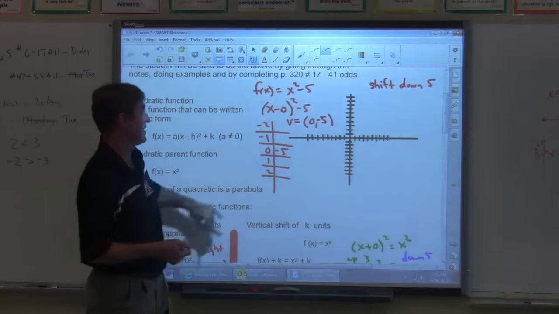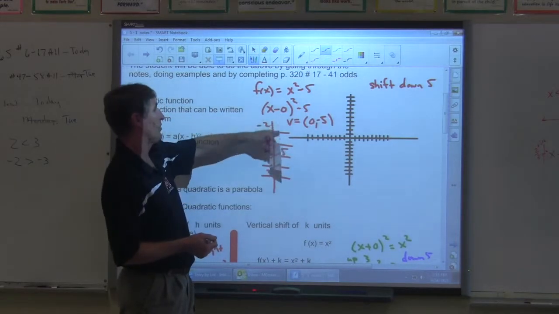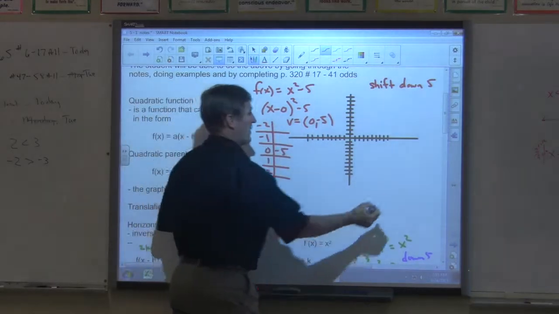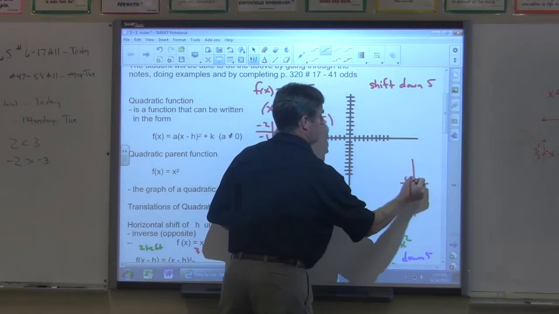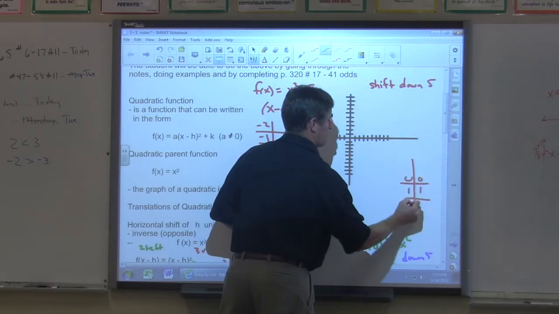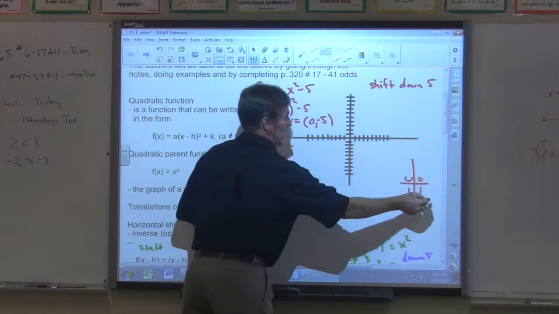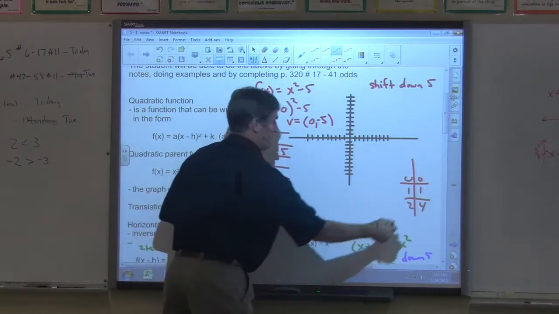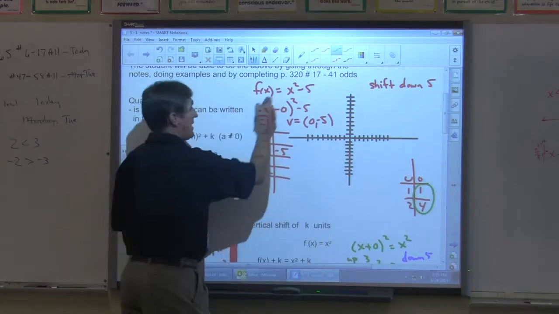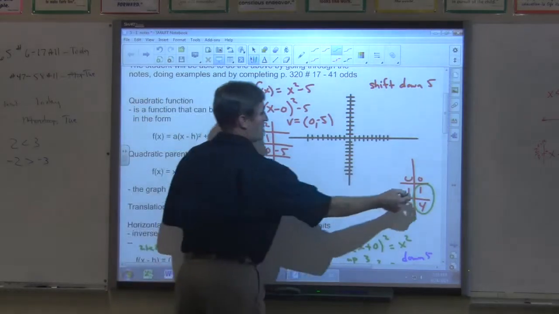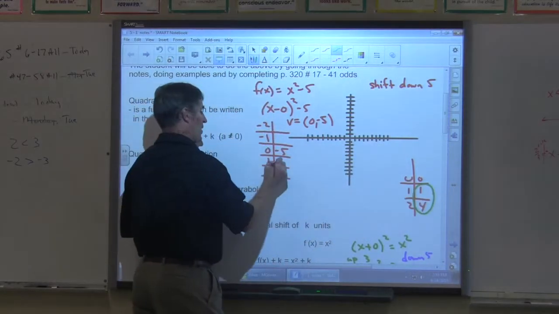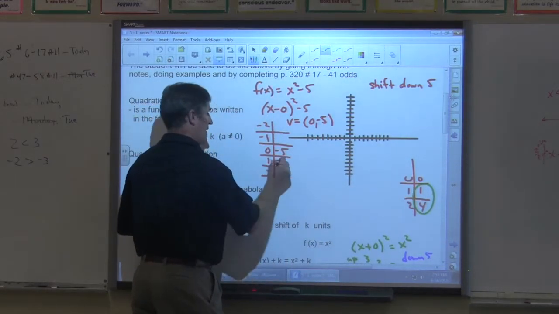Doesn't take a long time because you really only need to plug in 2, because you know the other 2. But again, if we go back to our parent function and use this 1, 4, our A in this case is 1. So 1 times 1 is 1, so that means I would go up 1. And so that would be negative 4.